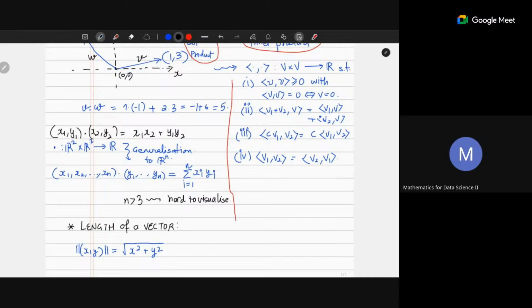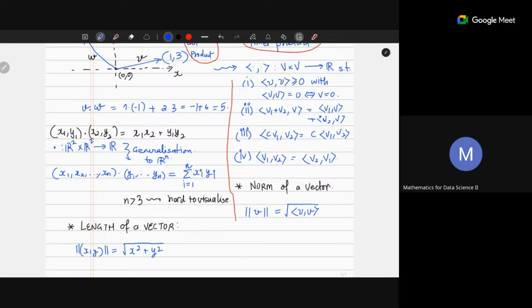Similarly, in the case of inner product spaces, we have something which is called the norm of a vector, which is defined to be: the norm of V is the square root of the inner product of vector V with itself.